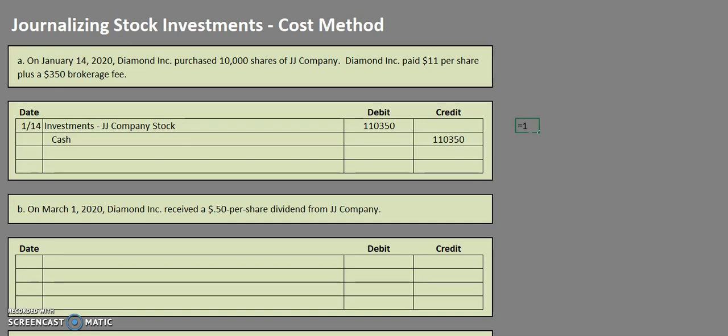We paid $110,350 on a total of 10,000 shares, so we actually paid $11.04 per share. That $11.04 is going to be very important to remember later on in this problem, so please leave it off to the side and circle it or highlight it, so you know that you have to go back to it. For now, I'll go ahead and highlight it so I can bring it up later.